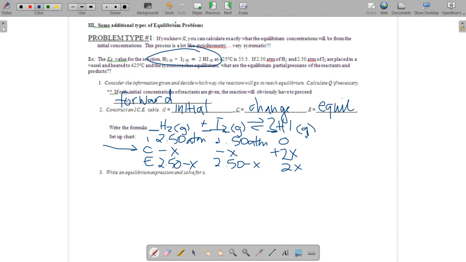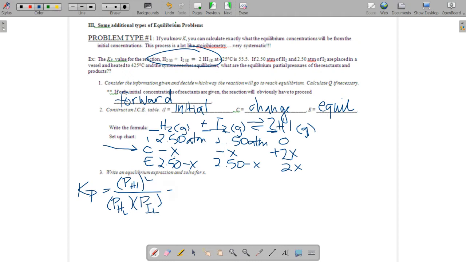Now, it asks you to write an equilibrium expression. So we always do K, and in this case, it's Kp because we are using pressures. Kp is the pressure of HI squared over the pressure of H2 times the pressure of I2, and these are all at equilibrium.